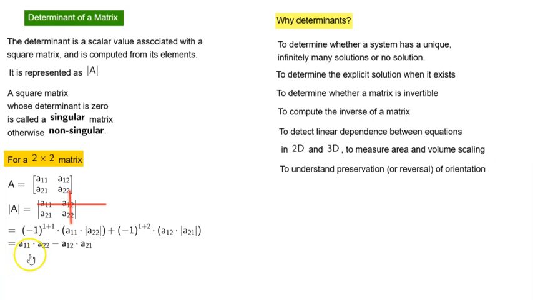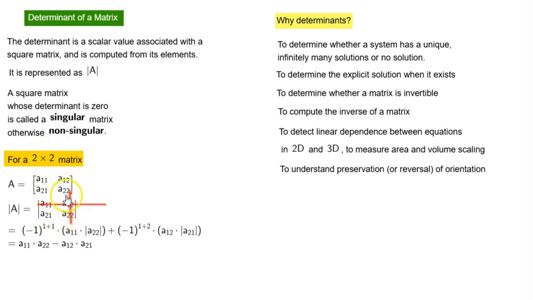So our formula becomes determinant of A is equal to A11 times A22 minus A12 times A21. So it is taking the difference of the cross products.